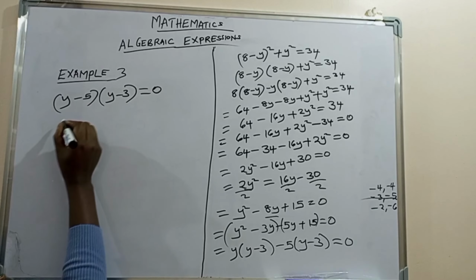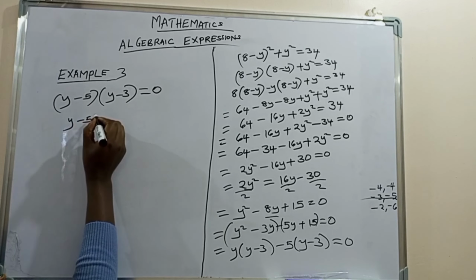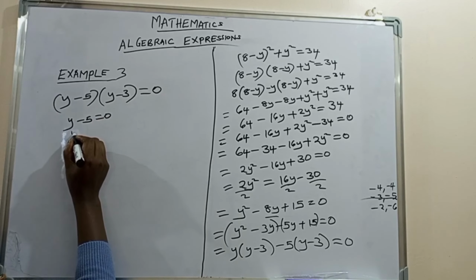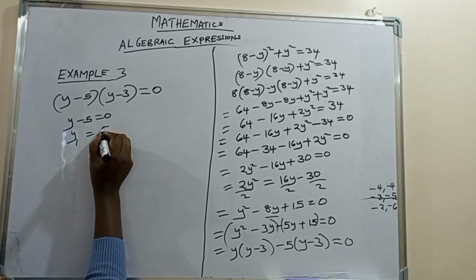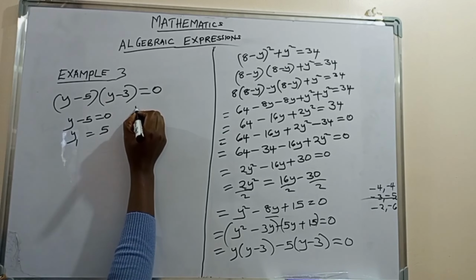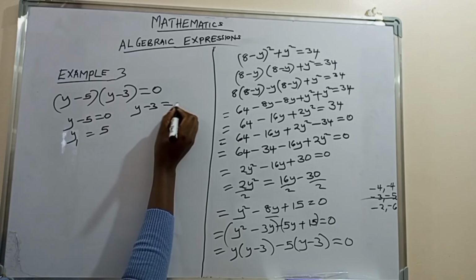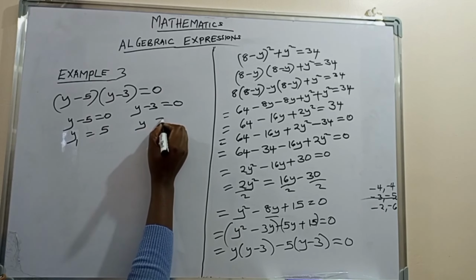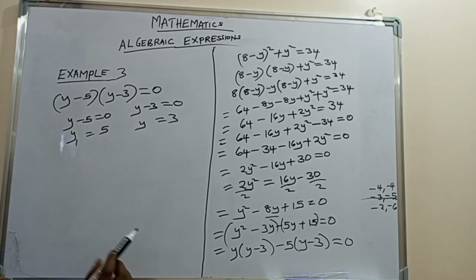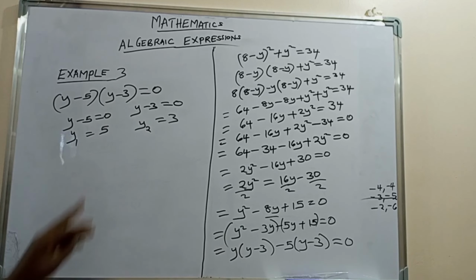So this means that y minus 5 is equals to 0. So our first y is equals to 5, and y minus 3 is equals to 0. Y is equals to 3. So this is our second y. So the values of y are 5 and 3.